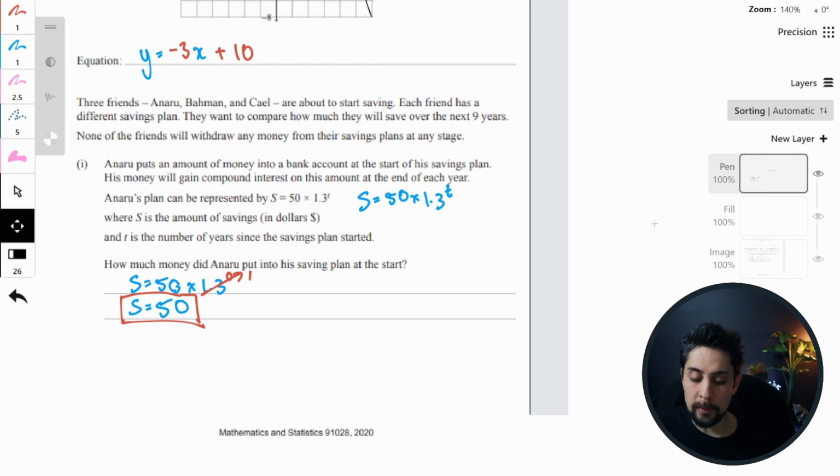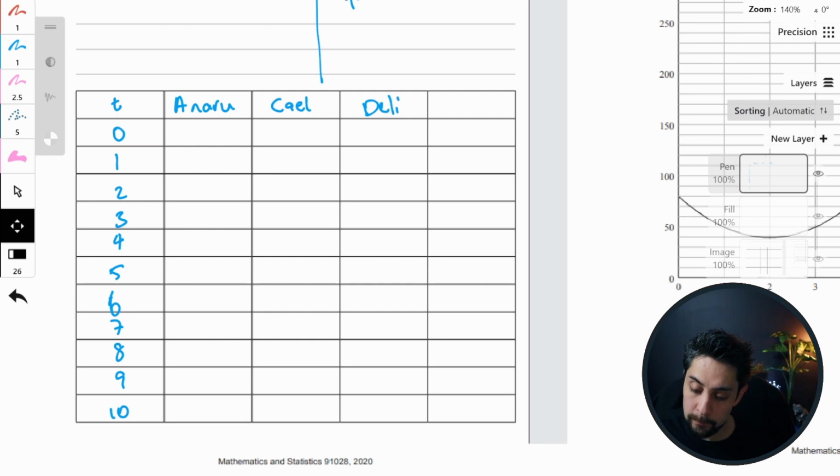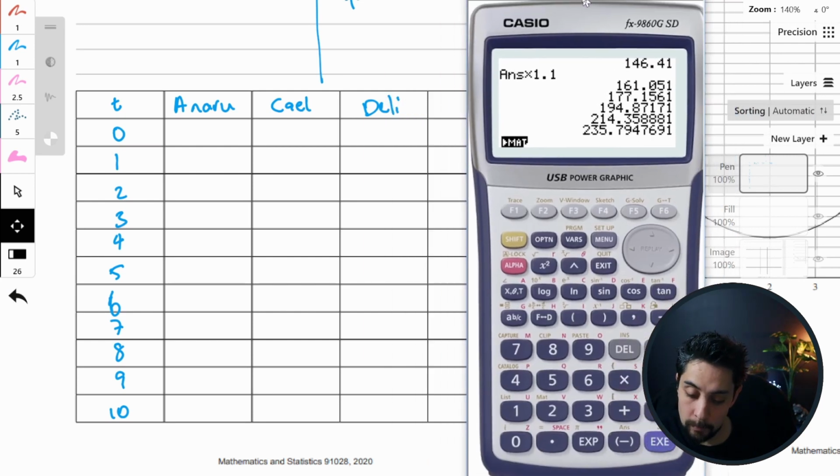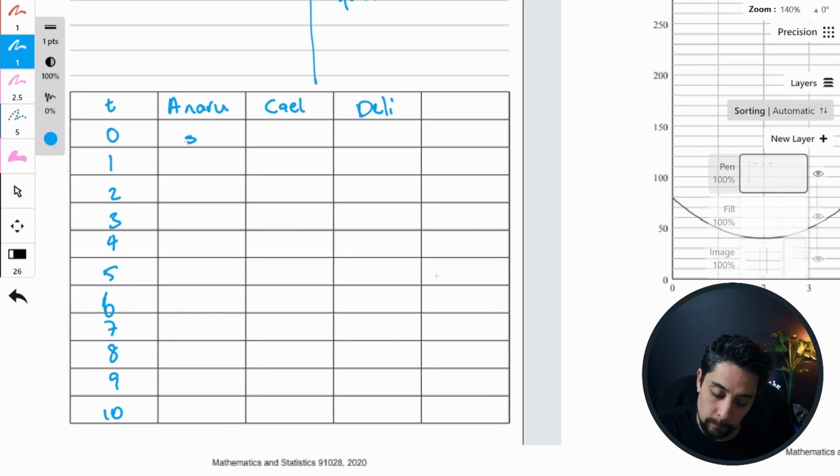50 times 1.3 to the power of t. So in our calculator, let's type in 50 times 1.3 to the power of, well, we're not going to put in the power of 0 because that's just going to be $50, because 1.3 to the power of 0 is 1 and 50 times 1 is 50.